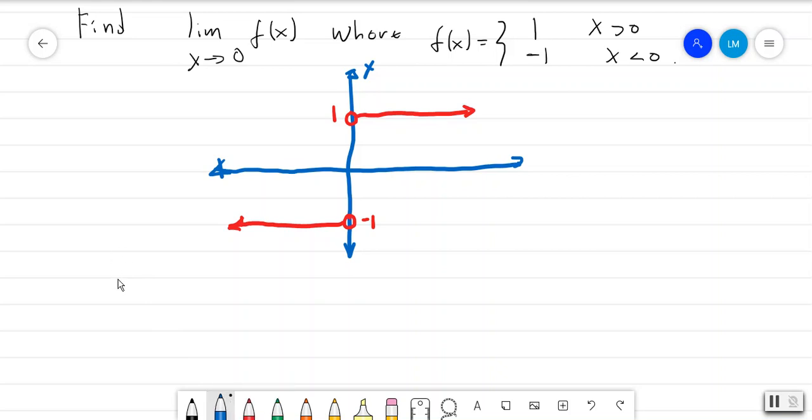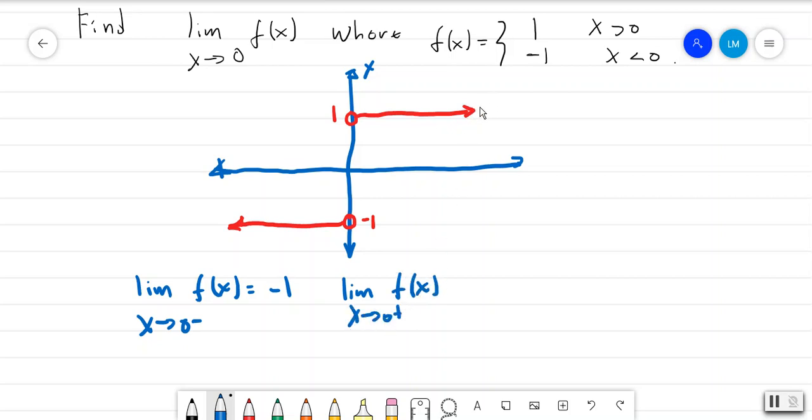Looking at this, I can tell that the limit as x approaches 0 from the left side of f(x) equals −1. But the limit as x approaches 0 from the right side, where x is greater than 0, is equal to 1.